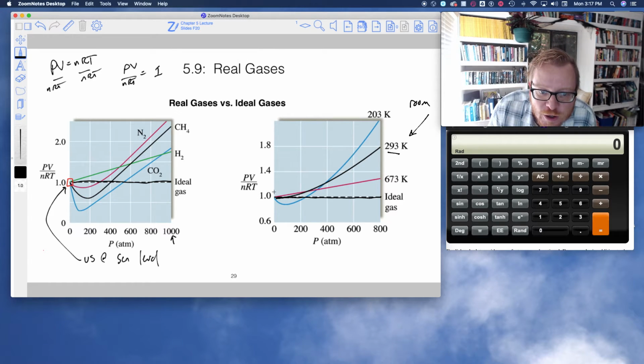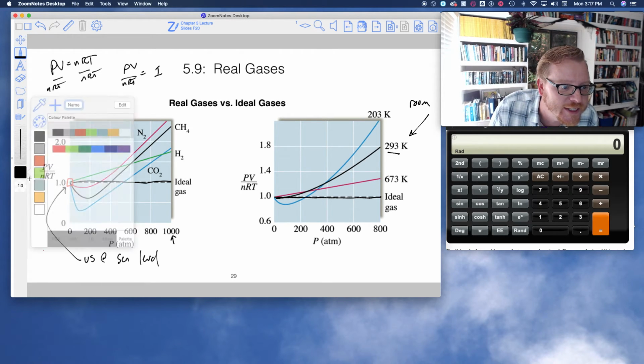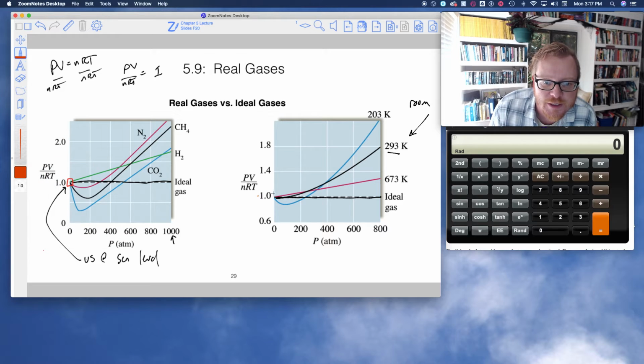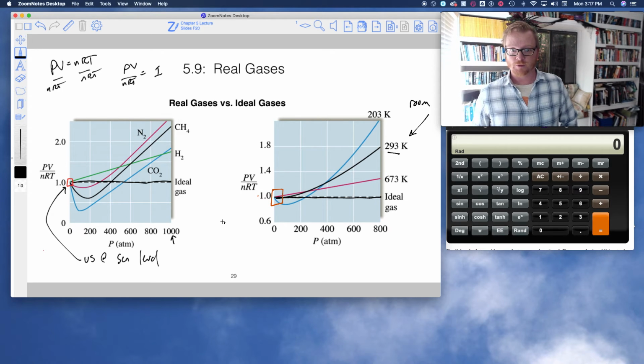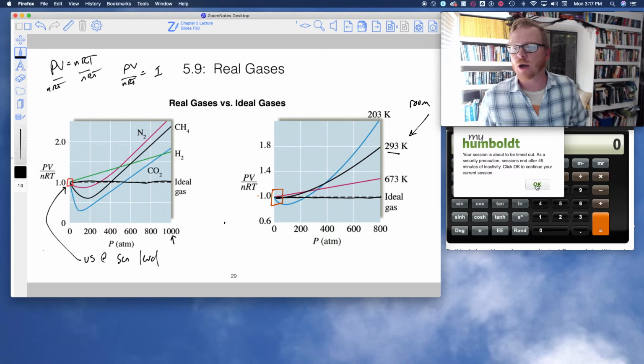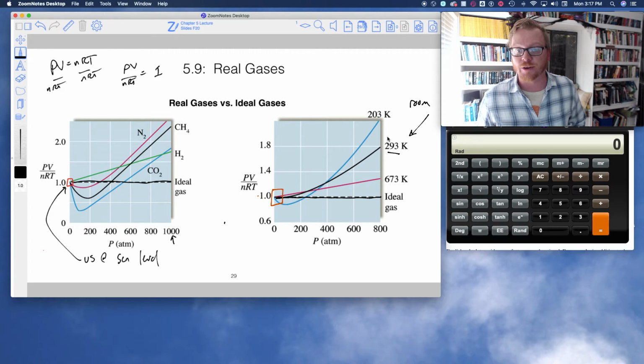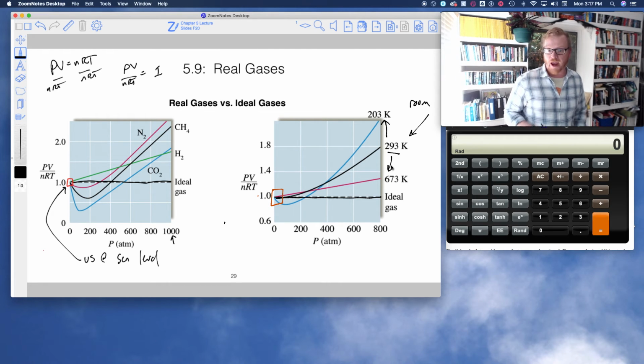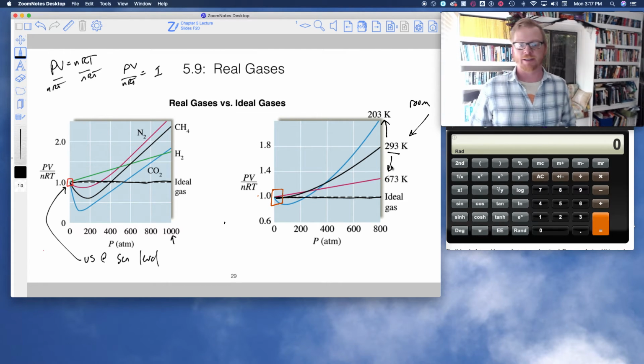If you follow this curve here, and I draw a box around this once again, you'll notice that the black curve, this 293 curve, is hanging around that ideal gas line very well, okay? But when you get outside of that temperature range, either lower than 293 or greater than 293, that really changes the way in which gases behave ideally.